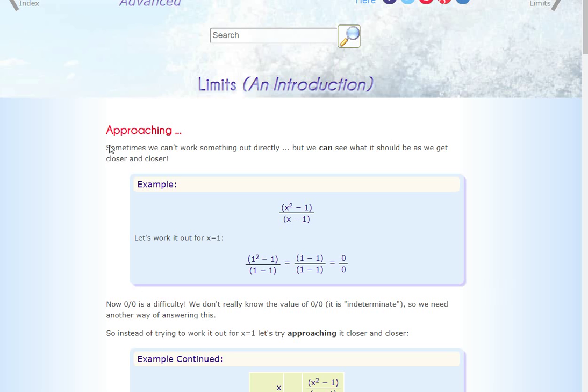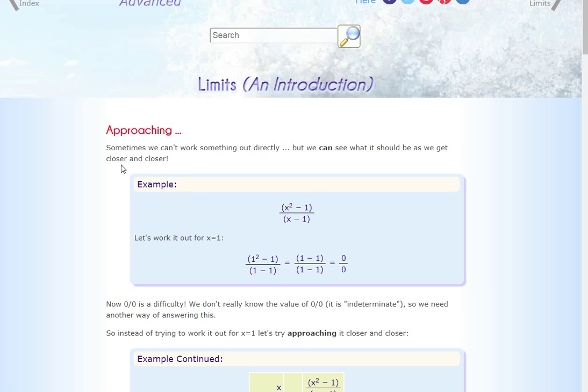All right, so we are looking at an introduction to limits. Sometimes what happens is we can't work something out directly, but we can see what should happen as it gets closer and closer to a certain value.